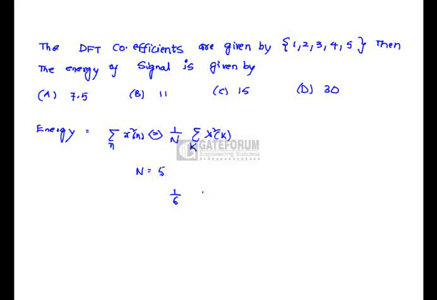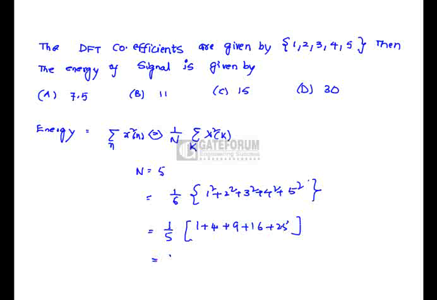So 1 by 5 times 1 square plus 2 square plus 3 square plus 4 square plus 5 square, which is equal to 1 plus 4 plus 9 plus 16 plus 25. 1 by 5 of 55 is equal to 11, that is option B is correct.